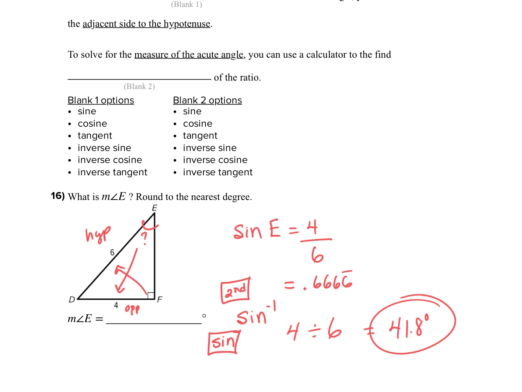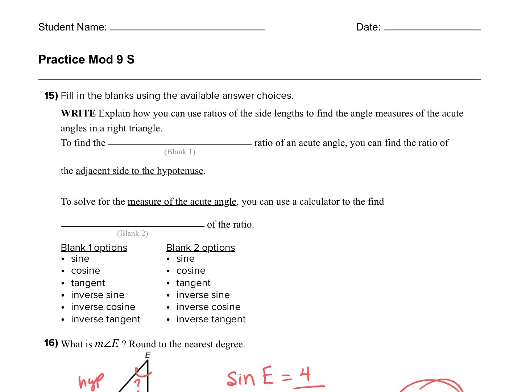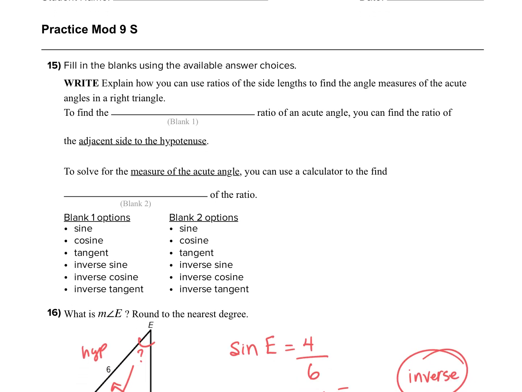And remember, because we use -1, this is considered the inverse function, or the opposite. So let's see if we can go back and figure out the wording they're looking for. Explain how you can use the ratios of the side lengths to find the angle measures of the acute angles in a right triangle.